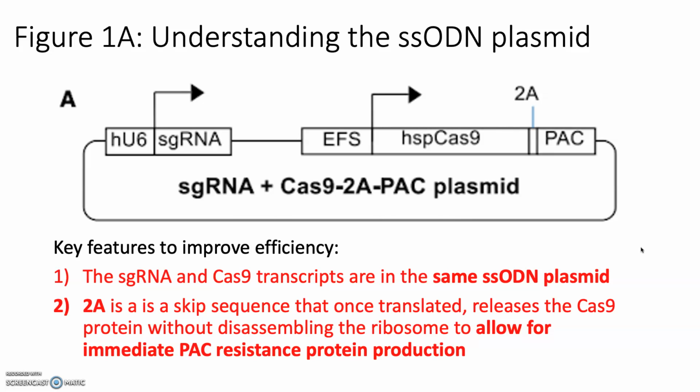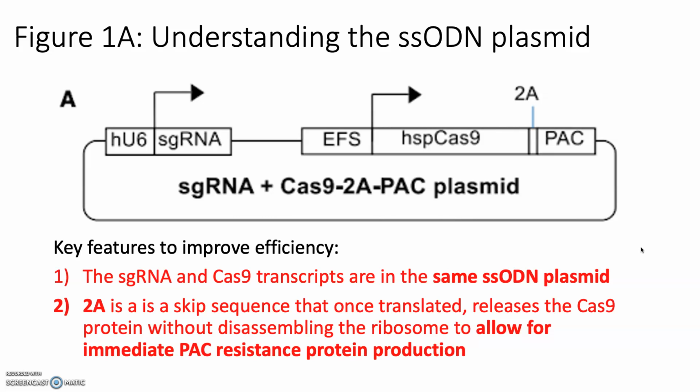So another main feature of this SSODN is the 2A sequence, which is right in the middle between the resistance gene and the Cas9 protein gene. That is a skip sequence, which means, so this is DNA, right? This plasmid is DNA, which means it's going to be transcribed and then translated into a protein or a peptide.